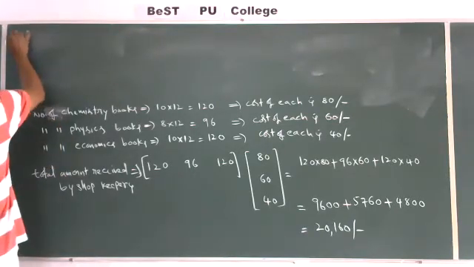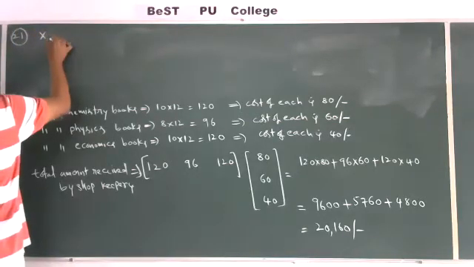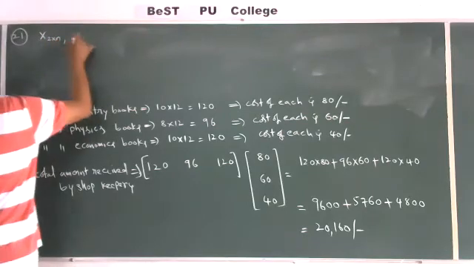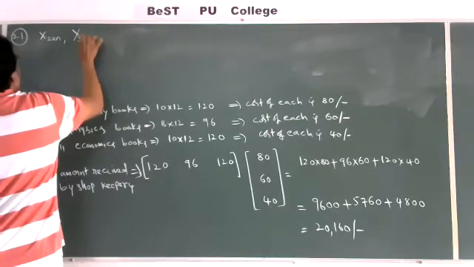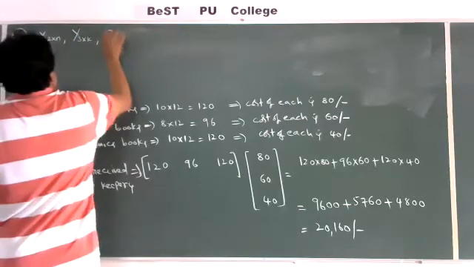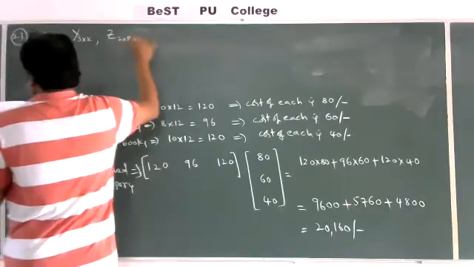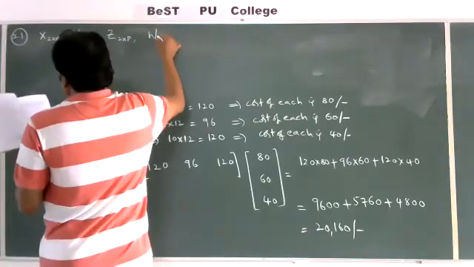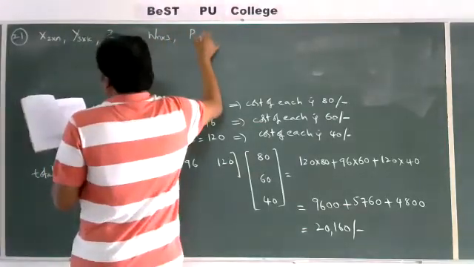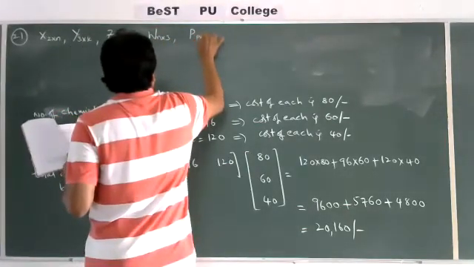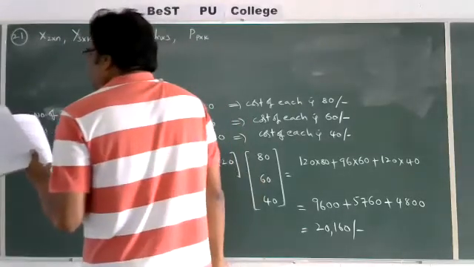So they given, you see, capital X is 2 by n matrix, capital Y is 3 by k matrix, capital Z is 2 by P matrix, W is n by 3 matrix, P is P by K matrix respectively. Choose the correct answer.